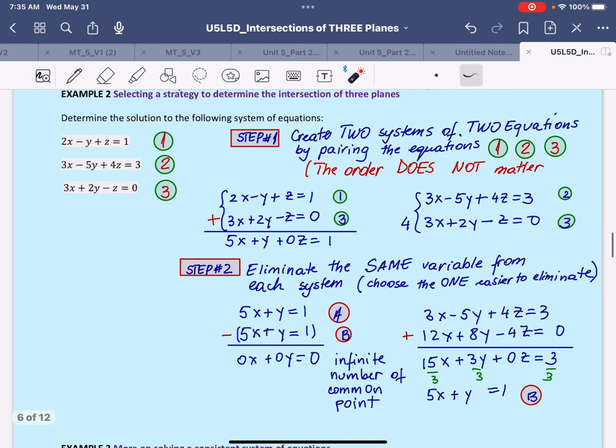Now, from the analysis that we did before, we noticed that the normals were all different, so there is no chance that these three planes will have an infinite number of common points that lie on a plane. So in this case, we'll say that the common points will lie along a line. So now we know what we're looking for, and this is what I was talking about when I said the first two steps are exactly the same. And after this, we have to use logical reasoning to understand what type of solution we're looking for.